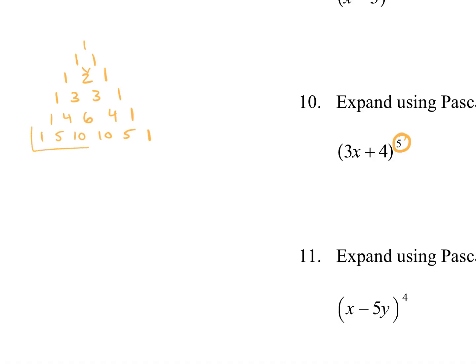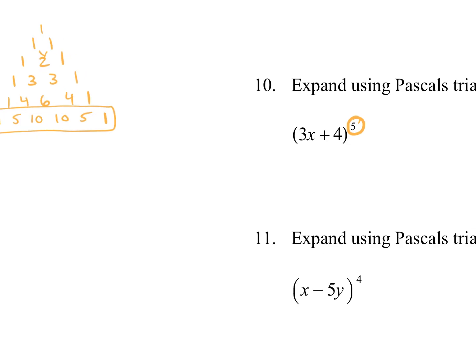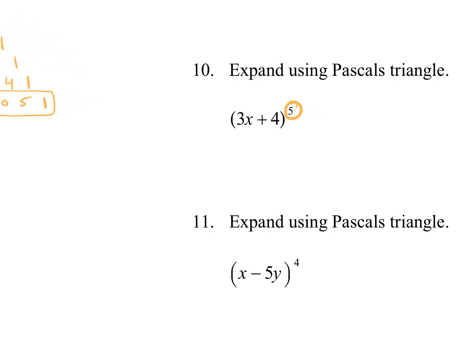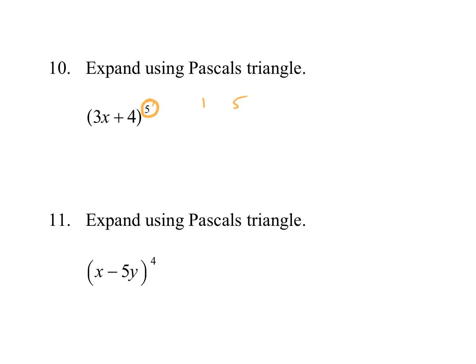So the 5th row is going to be the row where the second number is 5. It's going to be the row that's got the 5 in it. So our coefficients that we're going to use are 1, 5, 10, 10, 5, 1. Next, we need our first term, which is 3x.